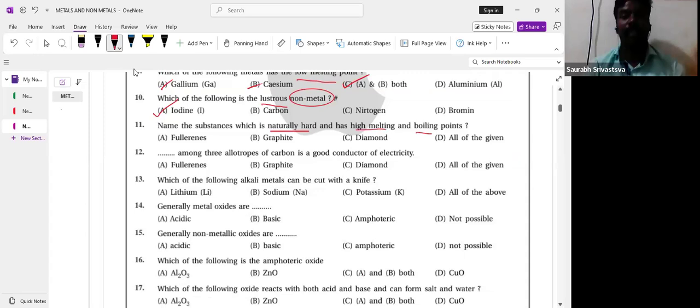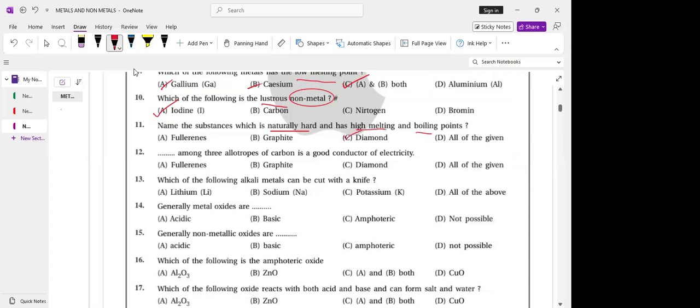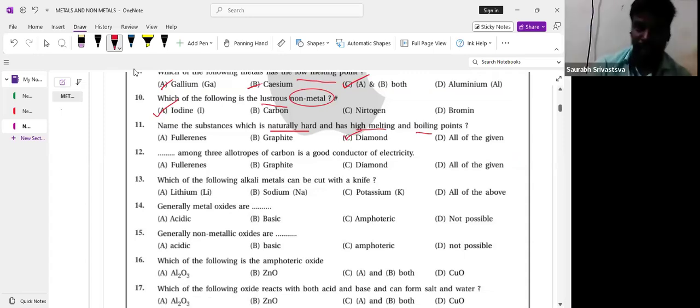Diamond is naturally hard. Fullerene means carbon fiber is a fullerene. Graphite, you already know, is the pencil. We can break a pencil, but a diamond you can't break that easily. So we can say that diamond has a high melting and boiling point as well as being the hardest substance.